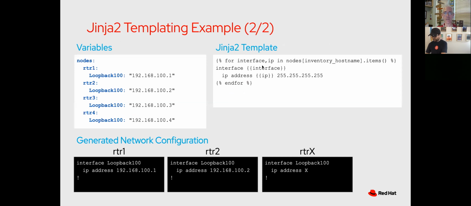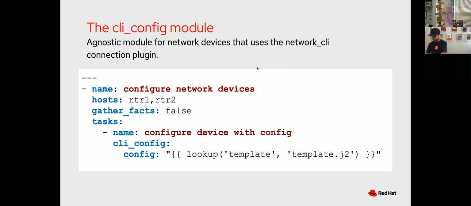That's this file here. It's going to run through that template using our variables, generate a custom configuration file, and that's going to be passed to the CLI config module, which will use it to build up the configuration for each one of our routers.